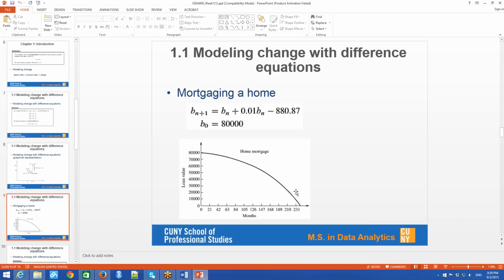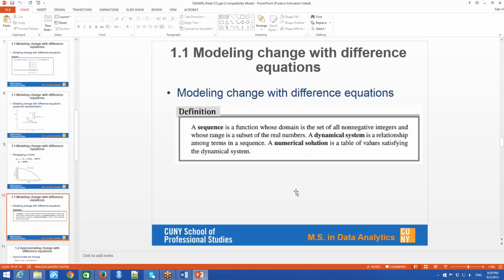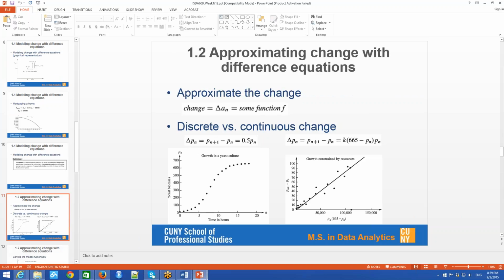And then there is an example in the textbook that talks about how we can model changes with difference equations by understanding the mortgage problem. And then continue with this, how to model the change with difference equations, and approximate the change.